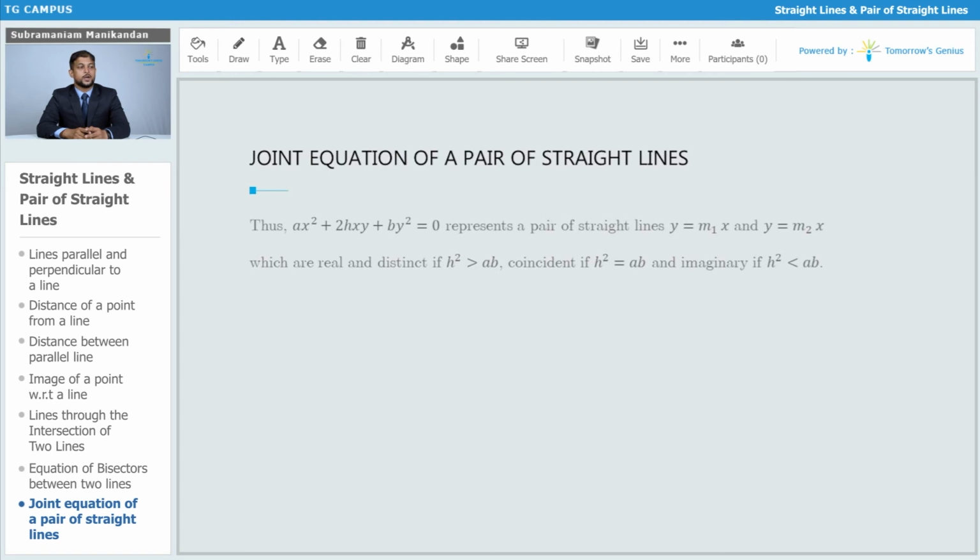And if h square equals ab, then the discriminant equals 0, and that gives us exactly one slope, which means that the two lines which are being discussed are essentially the same line. That is, the lines are coincident. Or if h square is less than ab, then the discriminant is negative. The square root of a negative number is not a real number, and thus the two lines which are being discussed are imaginary lines. That is, they do not exist in the real plane.